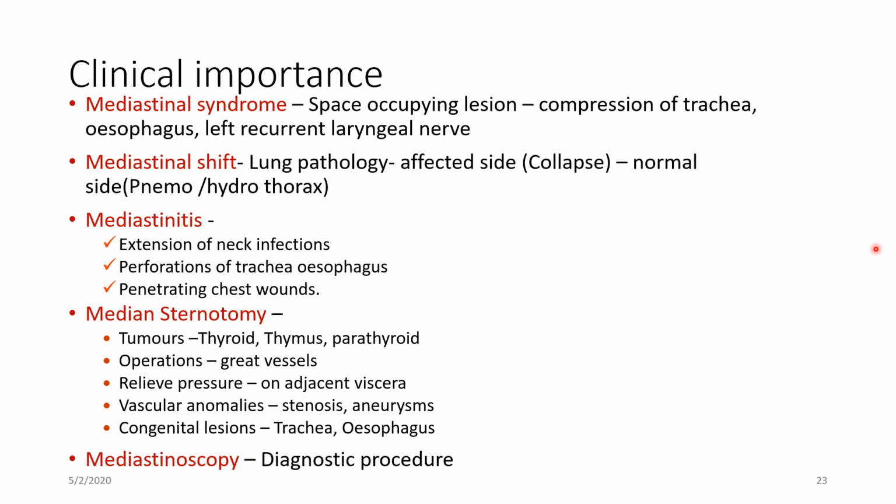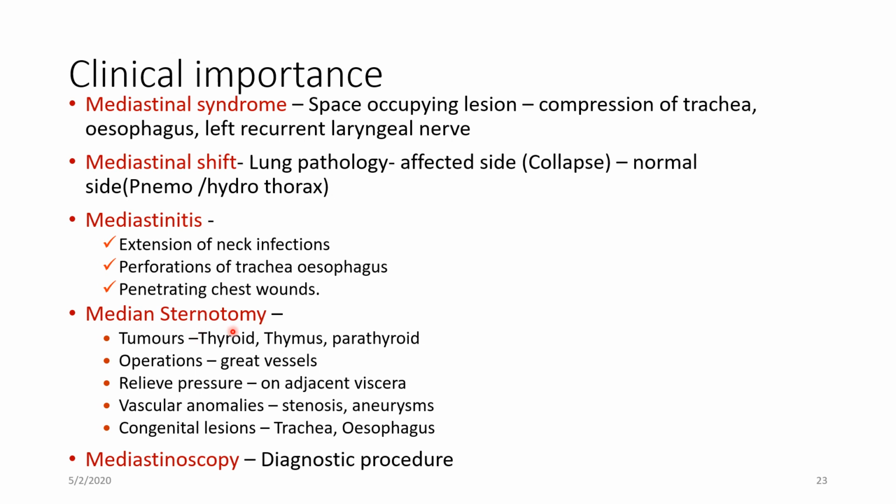So any infection between these two layers, which contains the structures trachea and esophagus, the infection can also extend into the mediastinum. Whenever there are perforations of trachea or esophagus, that can also cause mediastinitis. The penetrating chest wounds can cause mediastinitis.